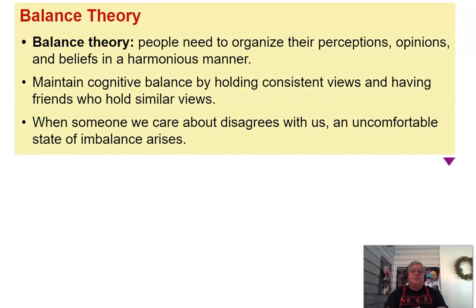Balance theory suggests that people need to organize their perceptions, opinions, and beliefs in a harmonious manner. They maintain a cognitive balance by holding a consistent view and having friends who hold similar views. When someone we care about disagrees with us, an uncomfortable state of imbalance arises.